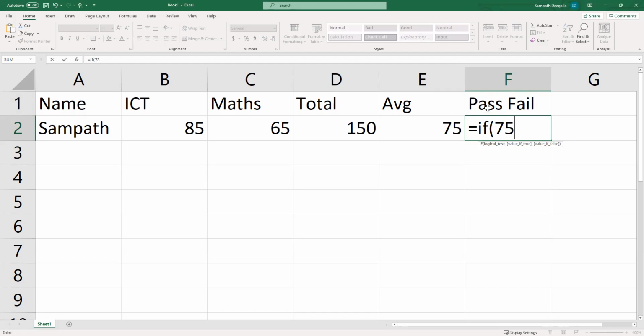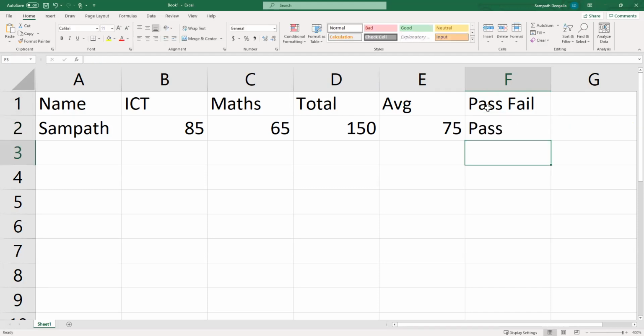If 75 is greater than 50, yes, we can say pass, or else we can say fail. We will discuss this later. For the time being, it says pass. That means you can have functions. So all these are the possible data types in Excel.